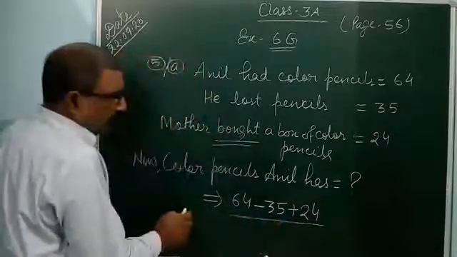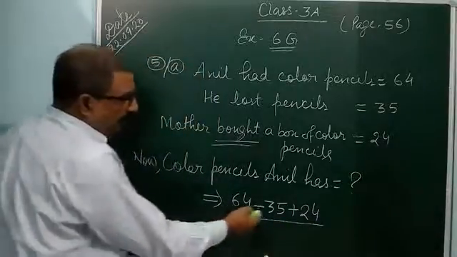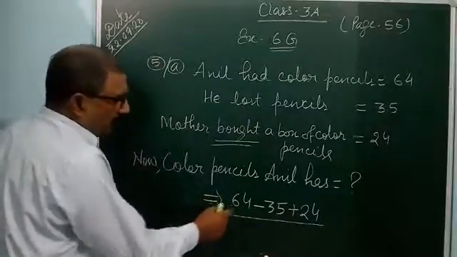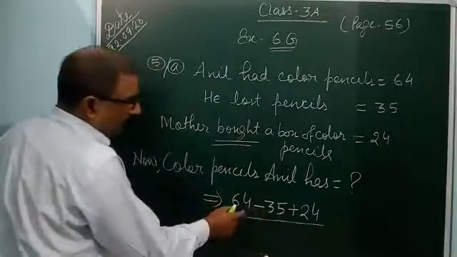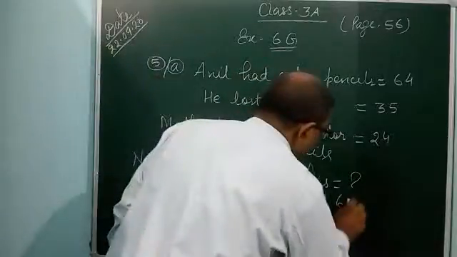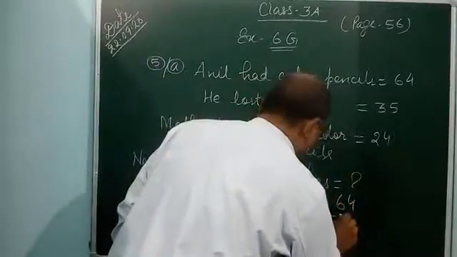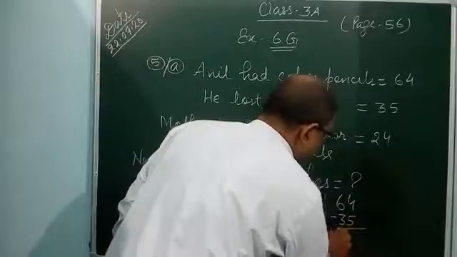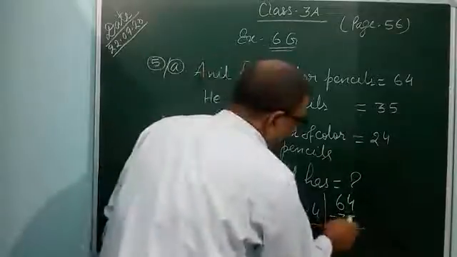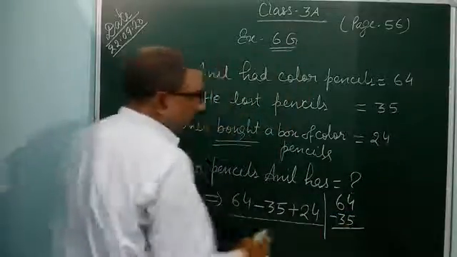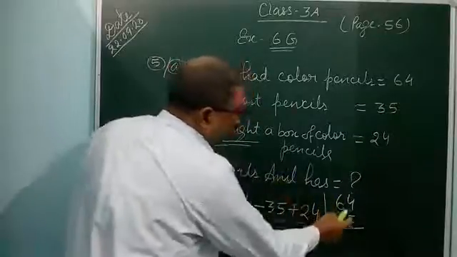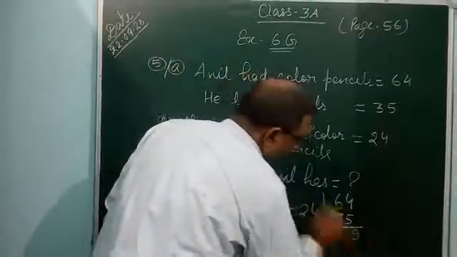First, you can see 35 is less than 64, so first you subtract 35 from 64. 64 minus 35. 4 minus 5 cannot go, so take 1 carry, and it will be 14. 14 minus 5 is 9.